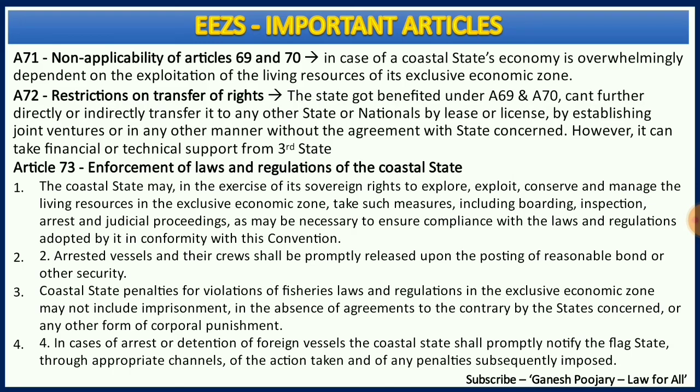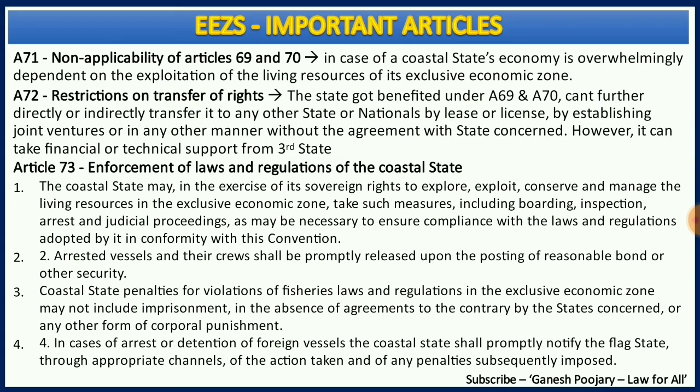If there is any state which is completely dependent on the exploitation of the living resources of its EEZ, in that case the other states will not be allowed. That is very important.